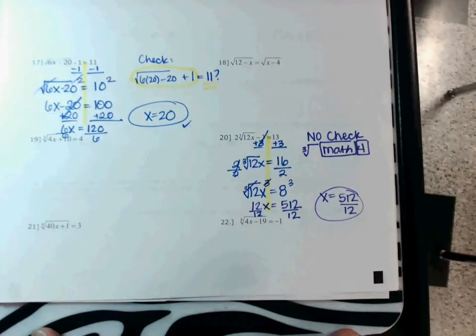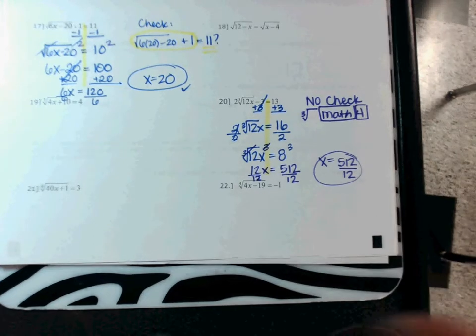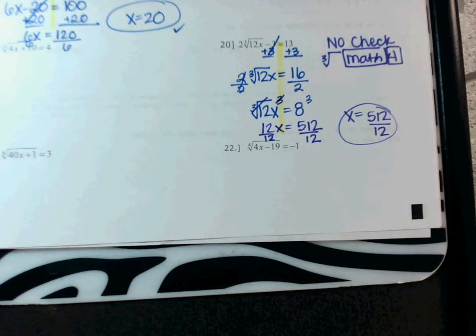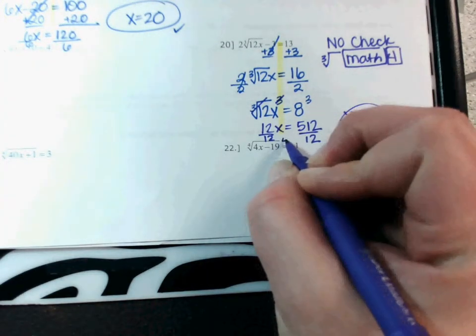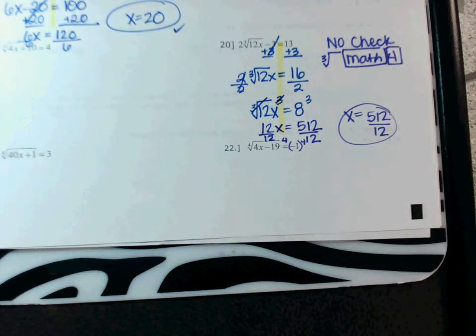Alright, let's do number 22 below that, please. Okay, what would we do first on 22? Okay, it's a 4th power for my root, so I would have to do a what? Raise both sides to the 4. If your base is negative, you have to put parentheses. Otherwise when you put it in the calculator, it'll come out wrong.